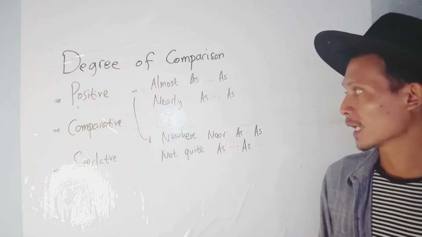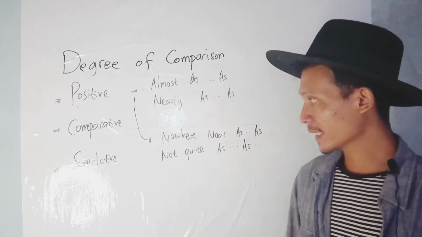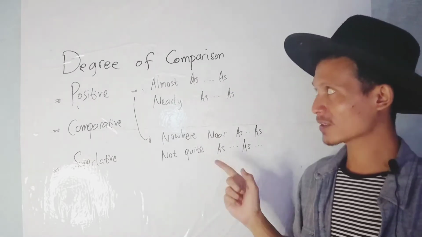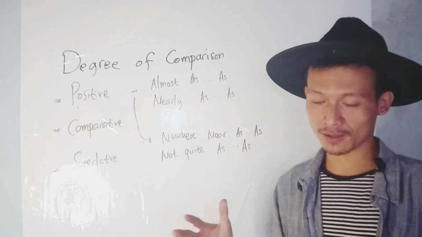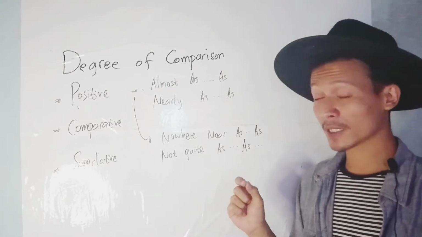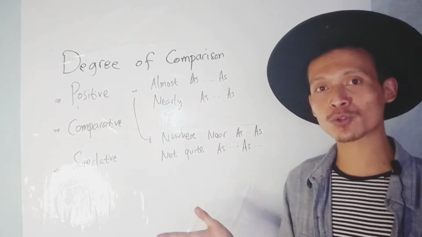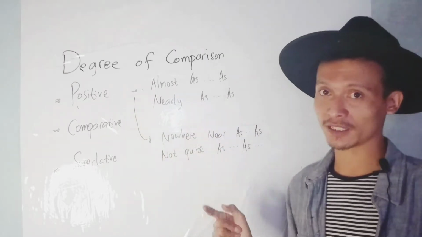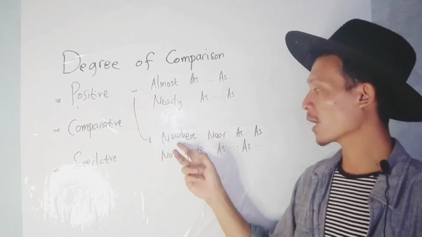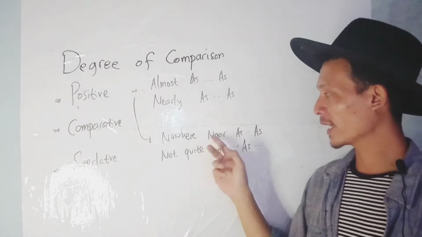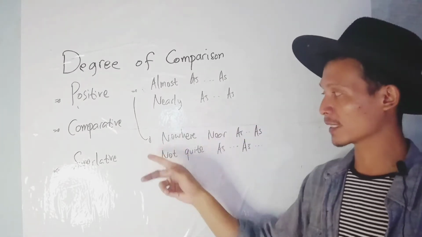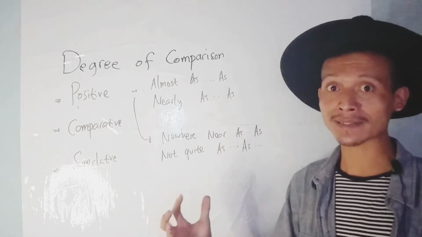And then we can also use a positive degree of comparison if the difference is big or huge. Ketika perbedaannya cukup besar pun, kita masih bisa menggunakan degree of comparison yang positif dengan menggunakan nowhere near as high as, ini sebenarnya tidak setinggi, jaraknya banyak gitu.